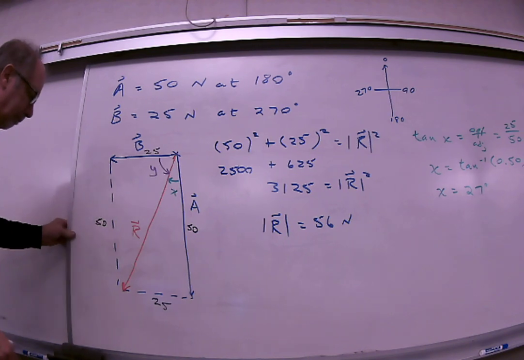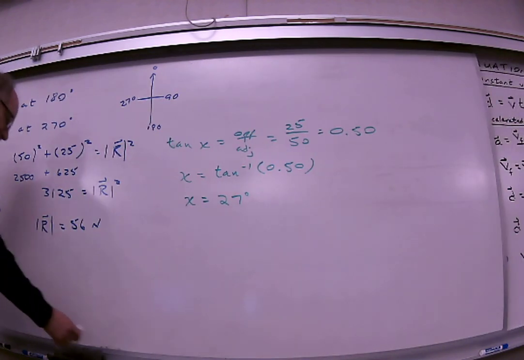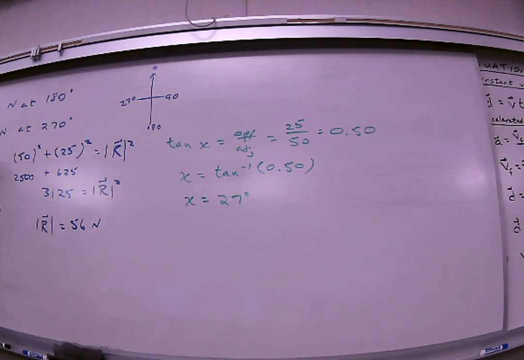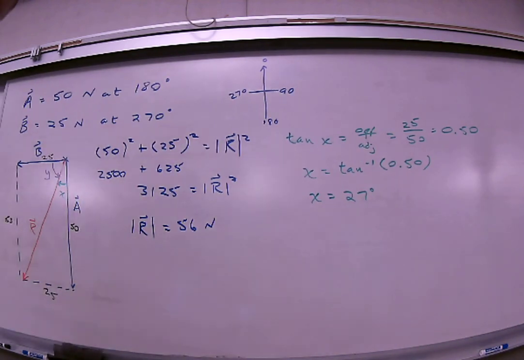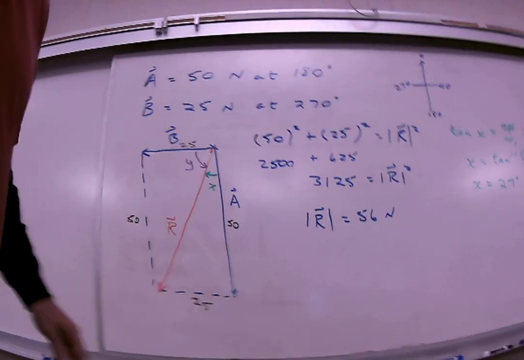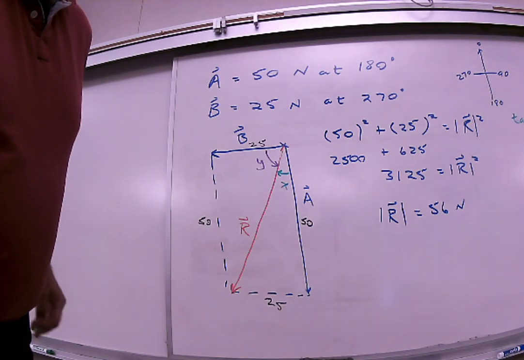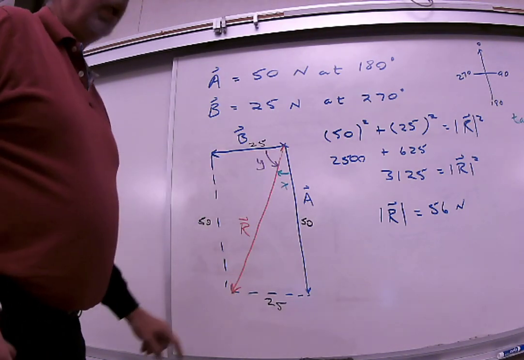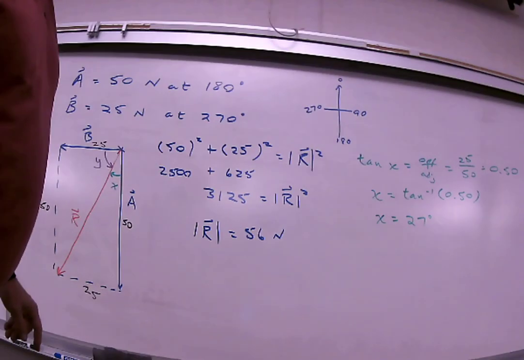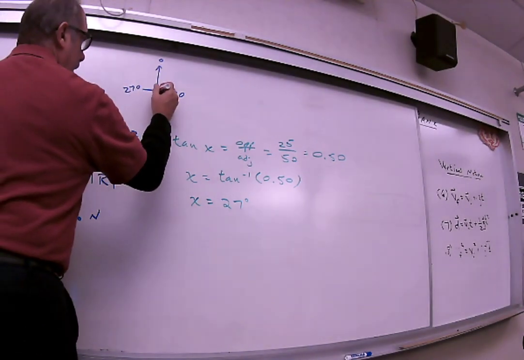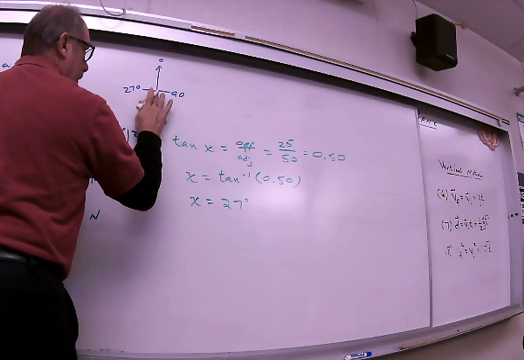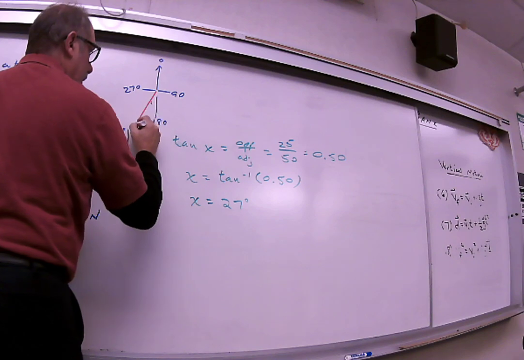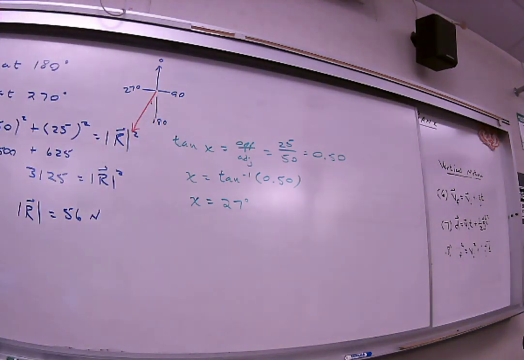Actually, before I do that, if I take this resultant vector and transfer it to my reference compass, I'm going to get a resultant that goes in something like this direction.